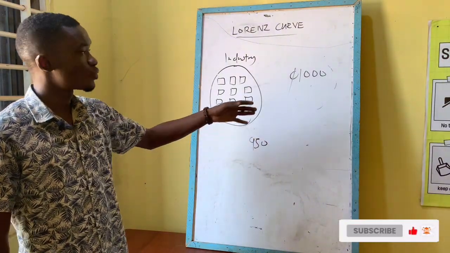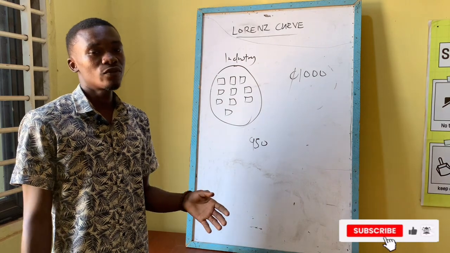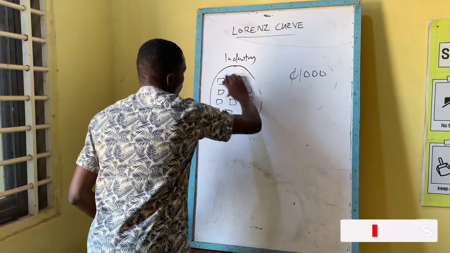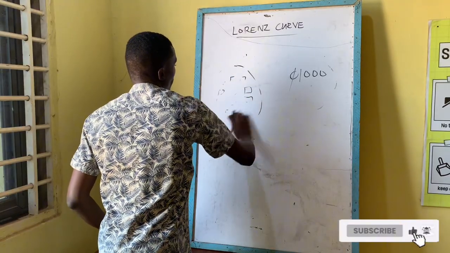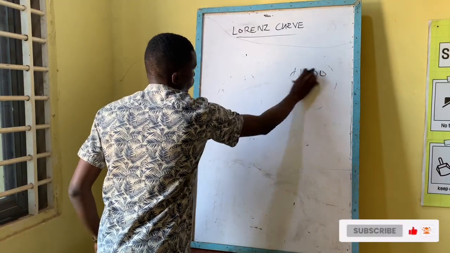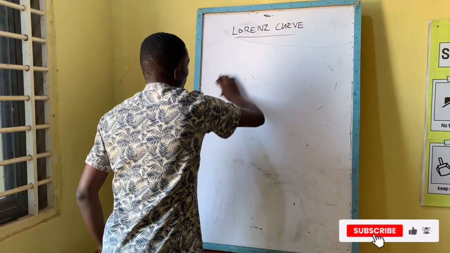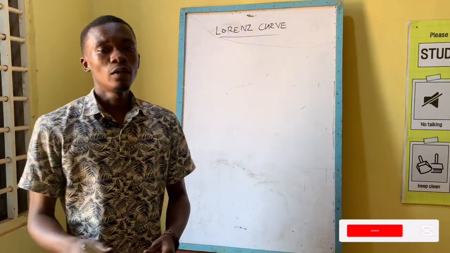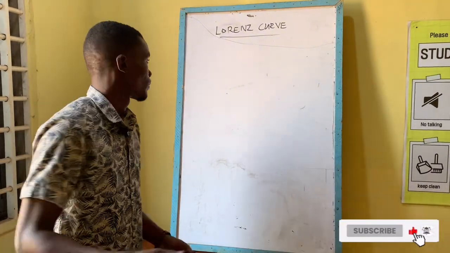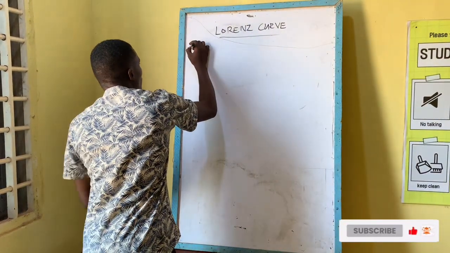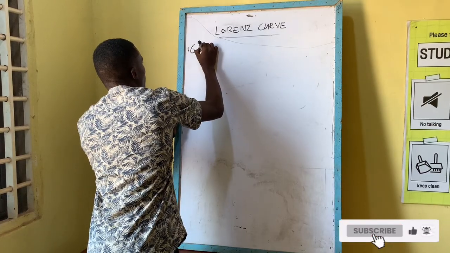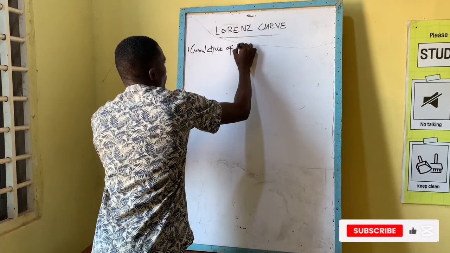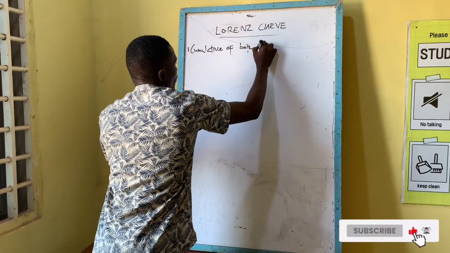Before you can construct your Lorenz Curve, there is something you have to take note of, and I will be explaining it as we go along. You have to know the cumulative of both magnitudes. Number one, you find the cumulative of both magnitudes.